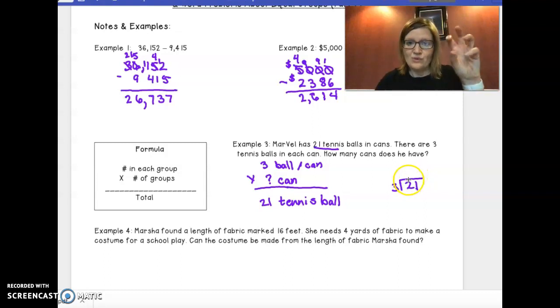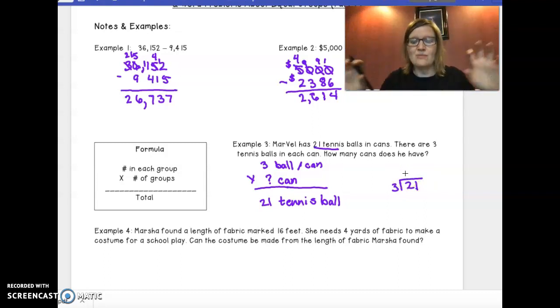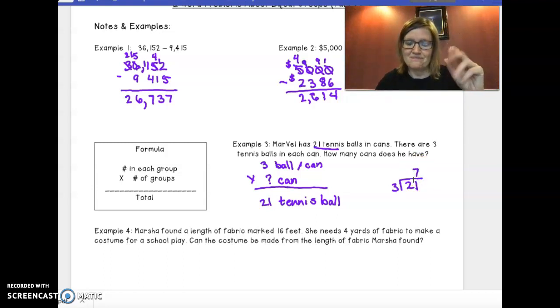So if we have 21 balls all together and we break them up into groups of 3, it will give us 7 groups. Or we can say 3 times 7 is 21. But overall, we know that there are 7 cans.